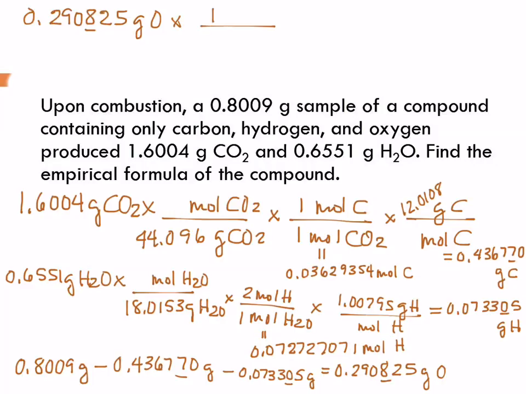I'm going to use the molar mass of oxygen to calculate the number of moles. So I've got that number in my calculator. I'm going to divide by 15.9994. And I get 0.0181772 moles of oxygen.